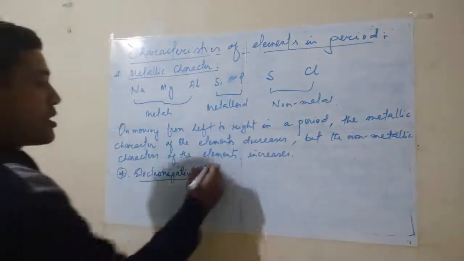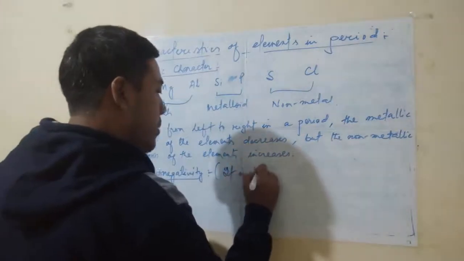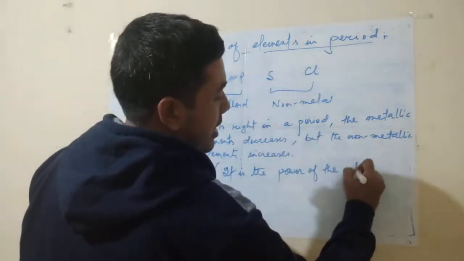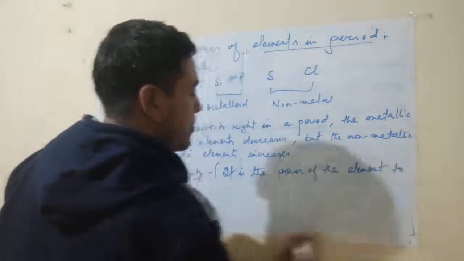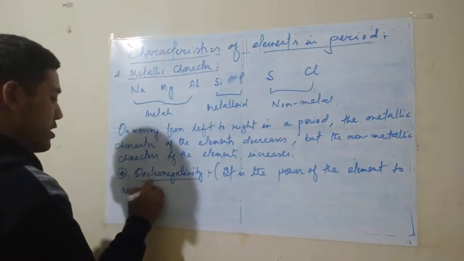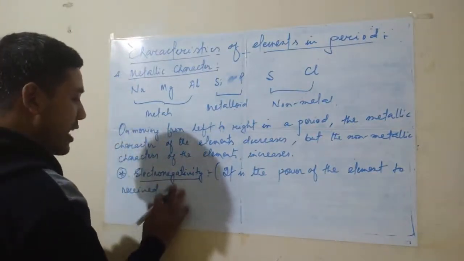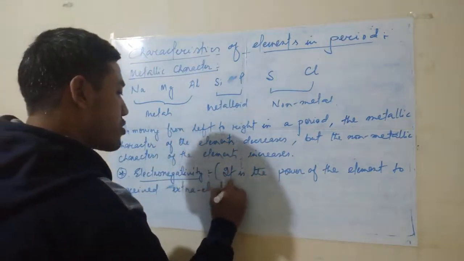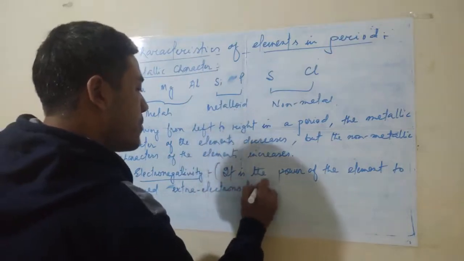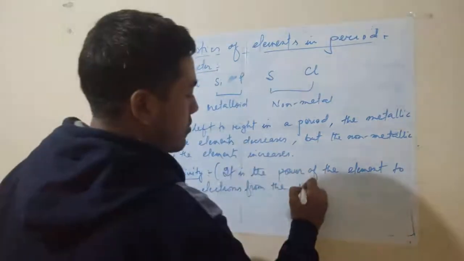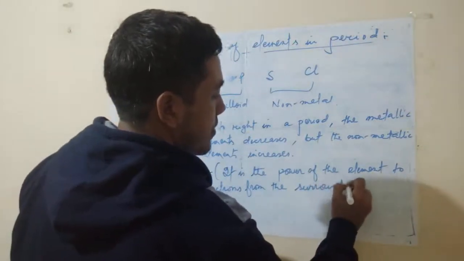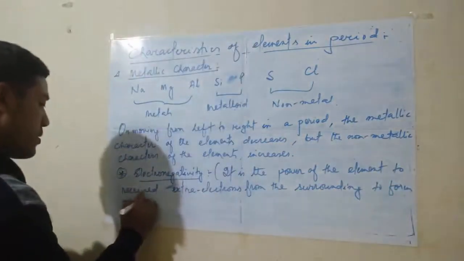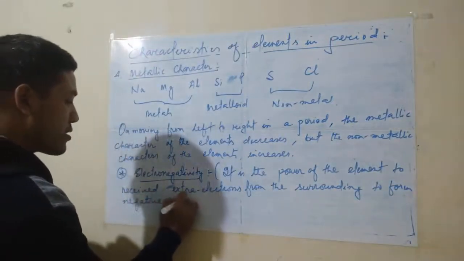Electronegativity is the power of the element to receive extra electrons from the surrounding to form a negative charge.